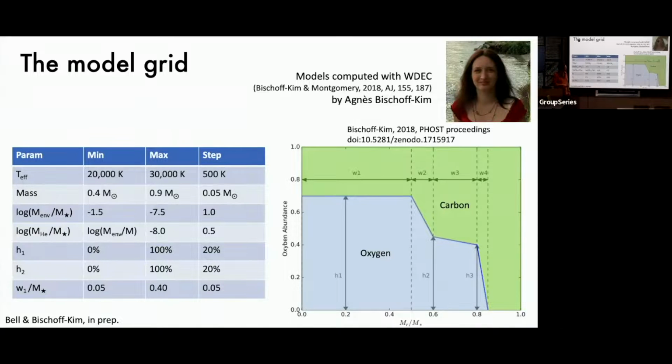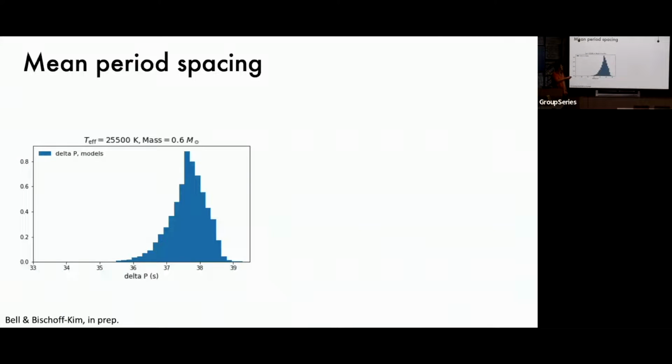It parameterizes the oxygen profile within the core with a few different parameters based on how far out to go from the core before the amount of oxygen changes. For a particular point in effective temperature and mass, we can look at what kind of mean period spacings we might expect regardless of what the interior structure looks like.